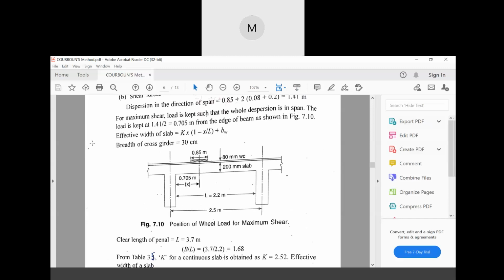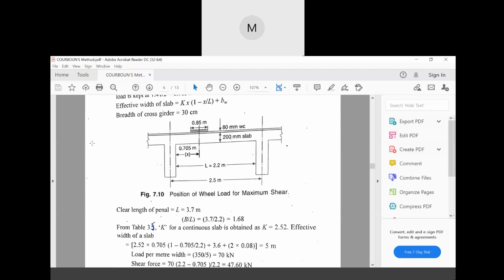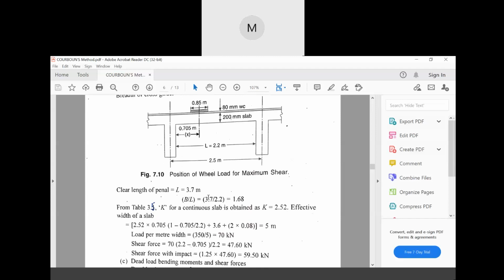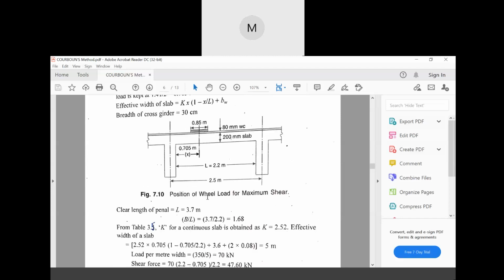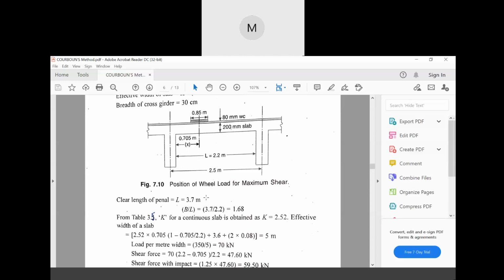The breadth of the cross girder is 30 centimeters. Then, from the B by L ratio, that is this one, you will be able to find out the value of K.